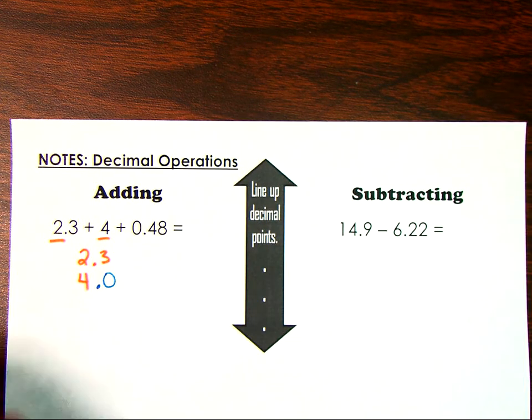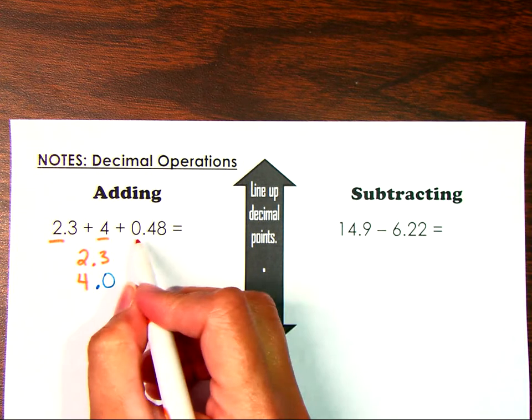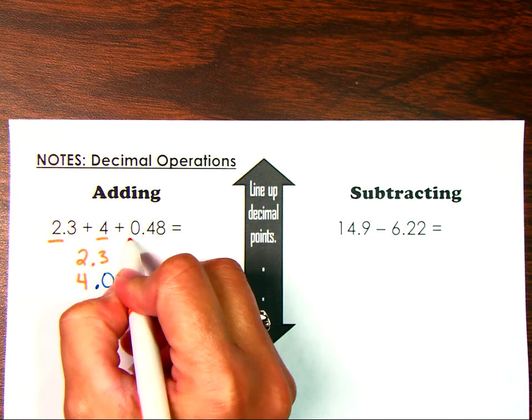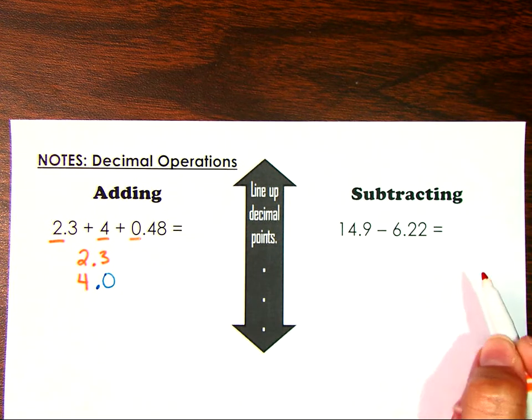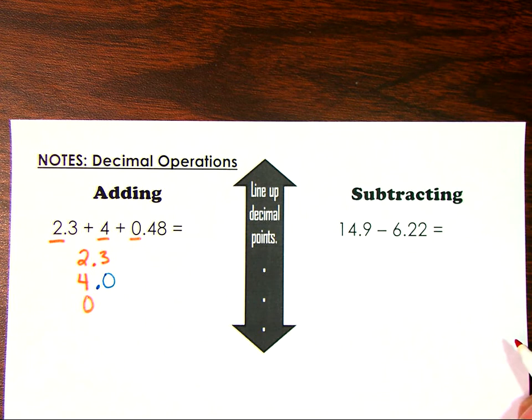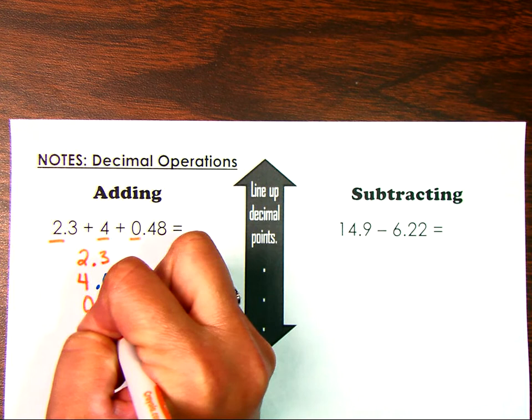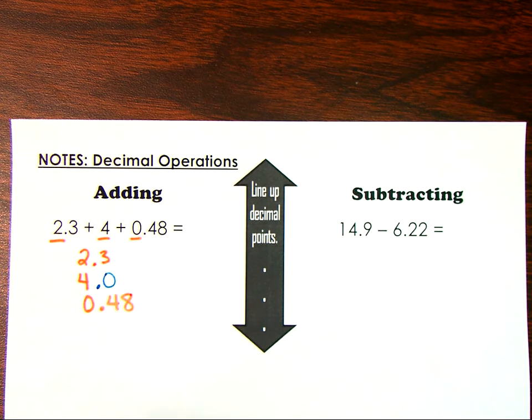So 4 0/10 is the same as saying just 4. Now our next number is 48/100, and that 0 is in the ones place. So we're going to line it up with the 2 and the 4 in the ones place of the other numbers. So 48/100, just like that.